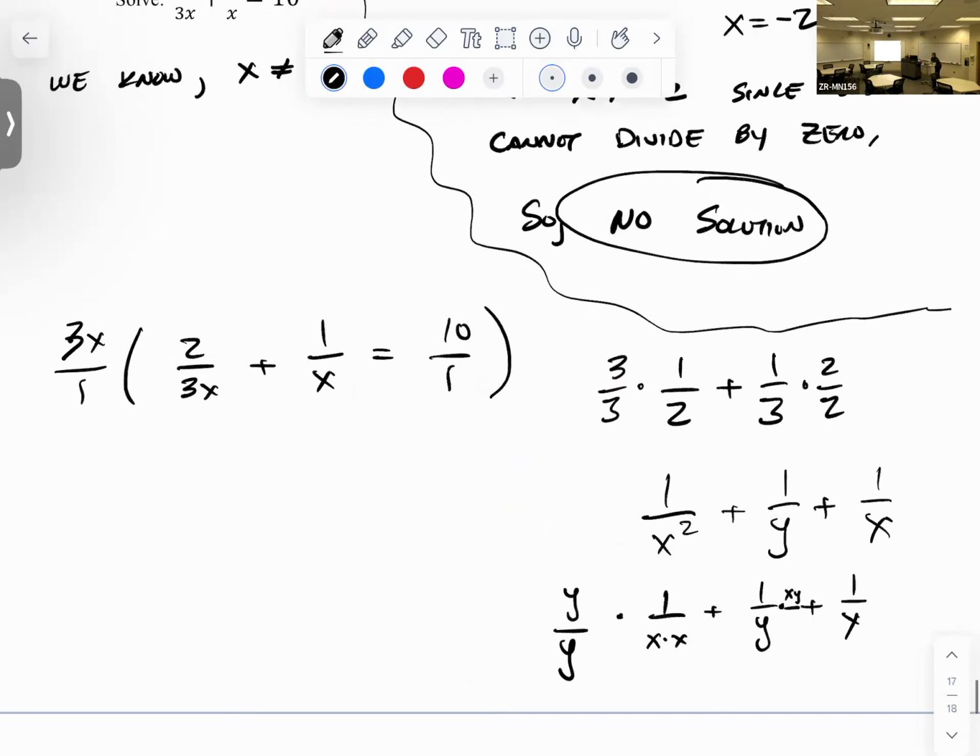Okay, so the common denominator here is 3x. I'm going to multiply that through.